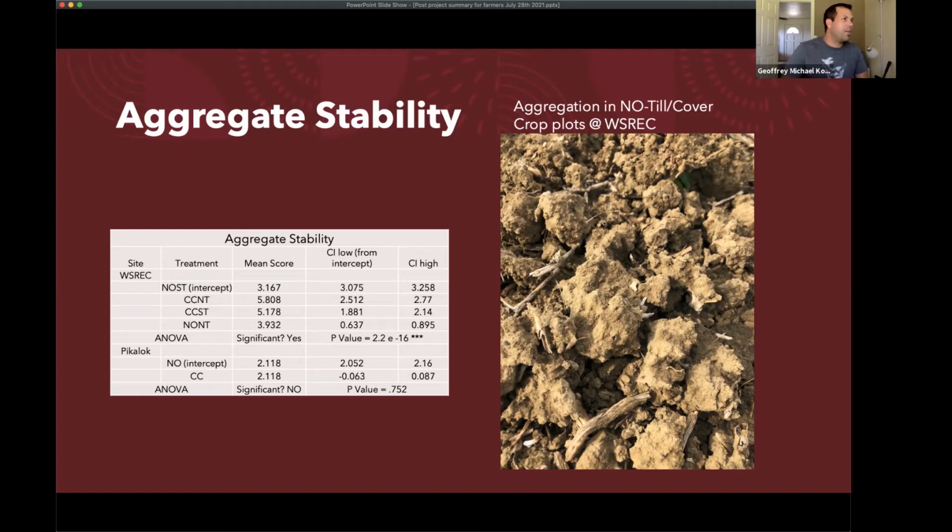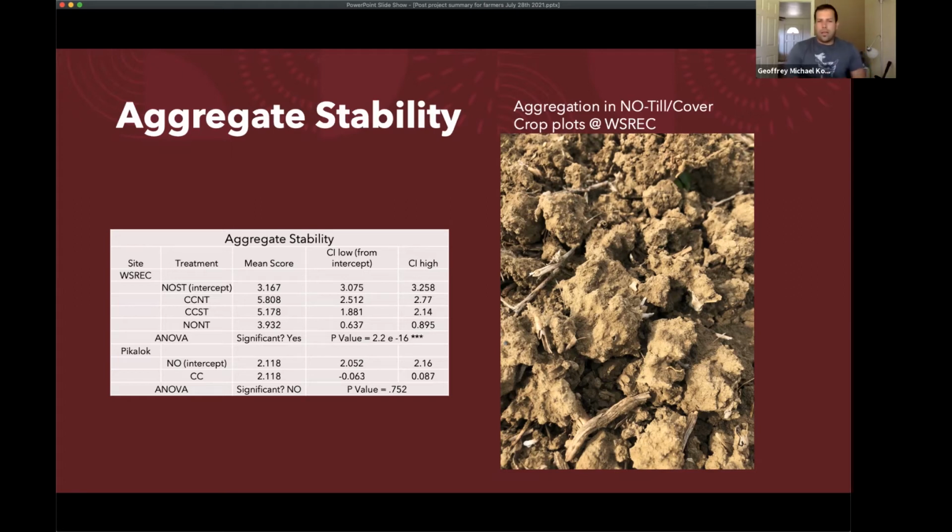But you can see at Westside, there's a significant difference between treatments. The high score was the cover crop no-till, with an average score of 5.8. So that's pretty high. And the low score was the no cover crop standard till, and it was 3.167.